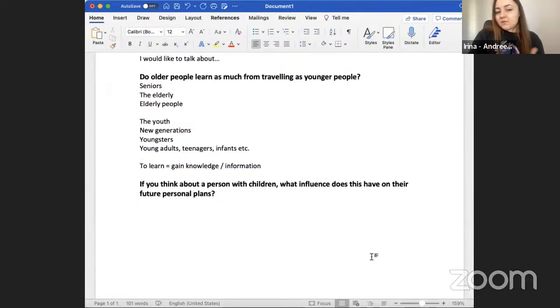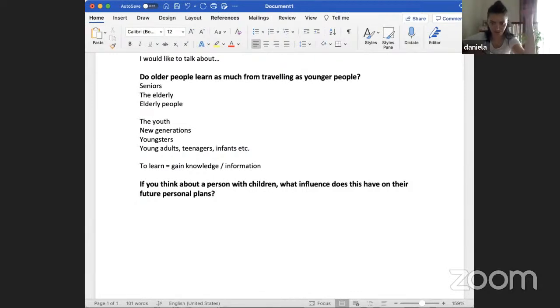Now let's discuss vocabulary a bit here as well. Are there any words that we could replace with their synonyms? I try, for example, not to use "influence".